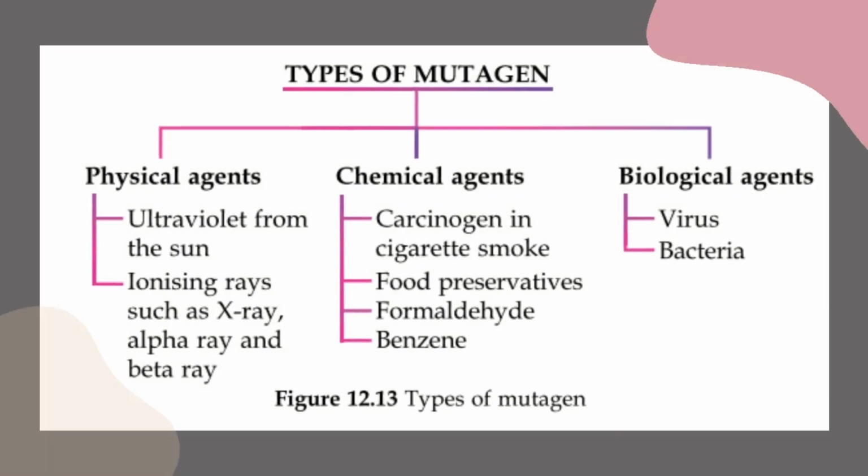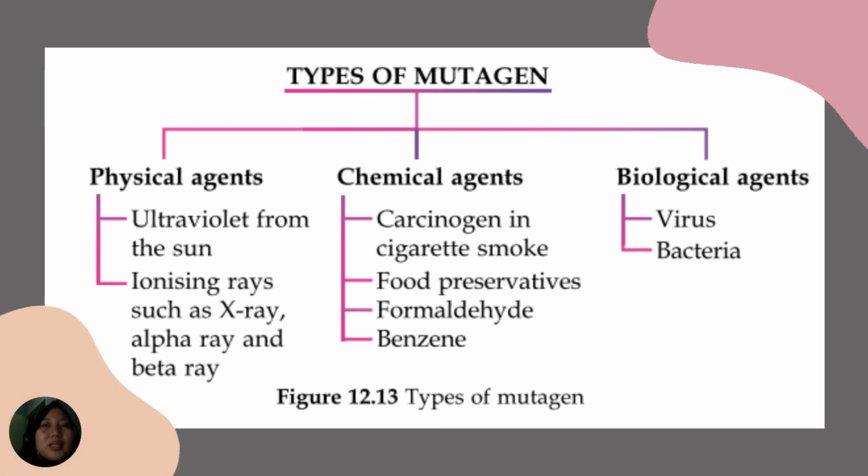All right, and then the types of mutagens. There are three types: physical agent, chemical agent, and also biological agent. Under the physical agents, there are two, which are ultraviolet from the sun and ionizing rays such as X-ray, alpha ray, and beta ray.